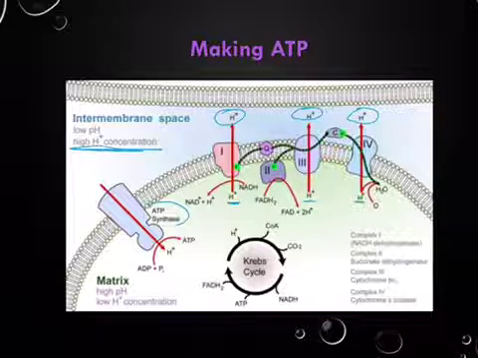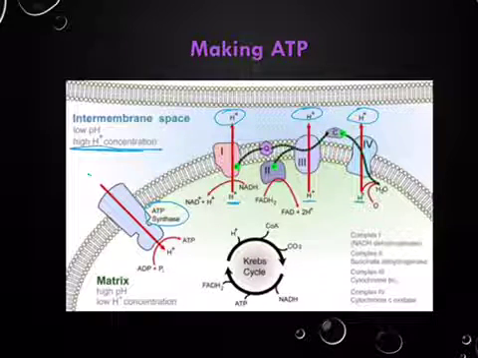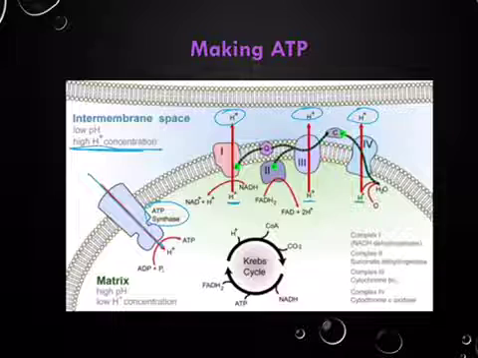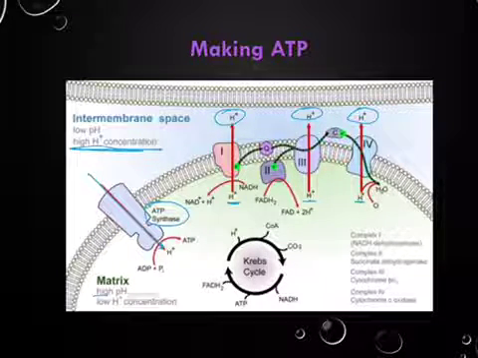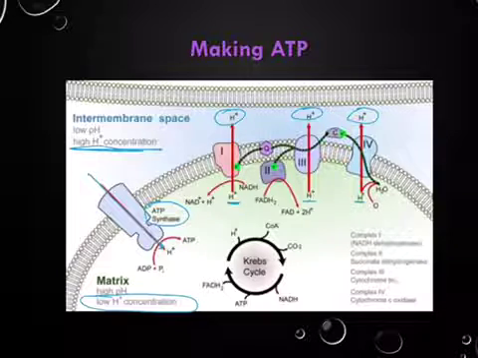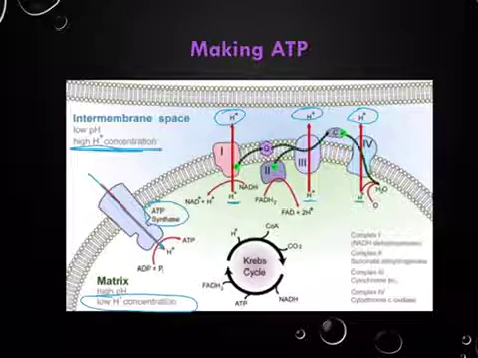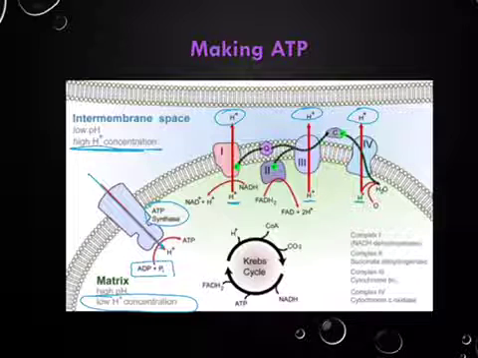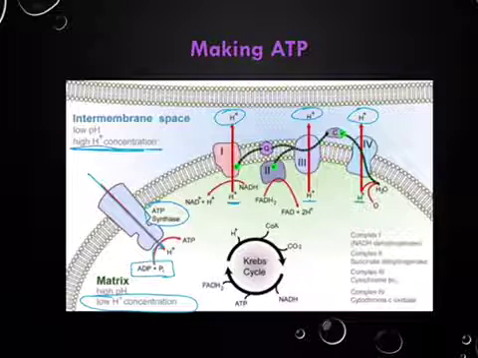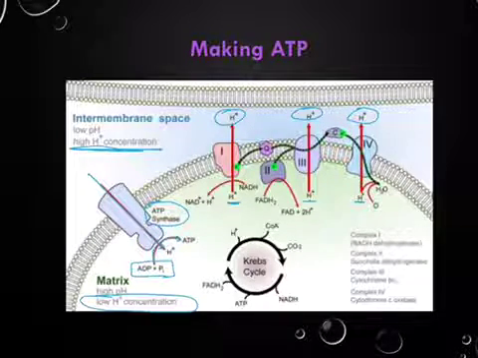And so ATP synthase here acts as a channel protein and allows those hydrogen ions to come back into the matrix where it has a low hydrogen ion concentration. And we can see that that process allows ADP to combine with a phosphate group to make ATP.